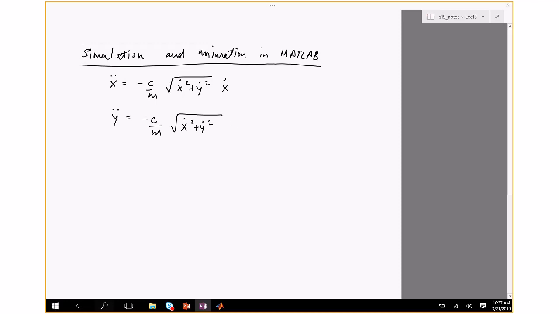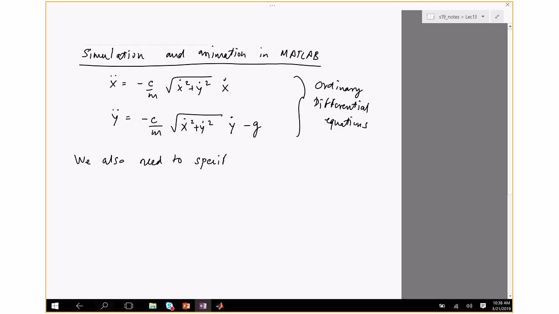So I've written down the equations. Again, the same equations are derived. The terminology used to describe these equations is ordinary differential equations. In order to describe the motion, you not only need the acceleration, you also need to specify the initial condition.